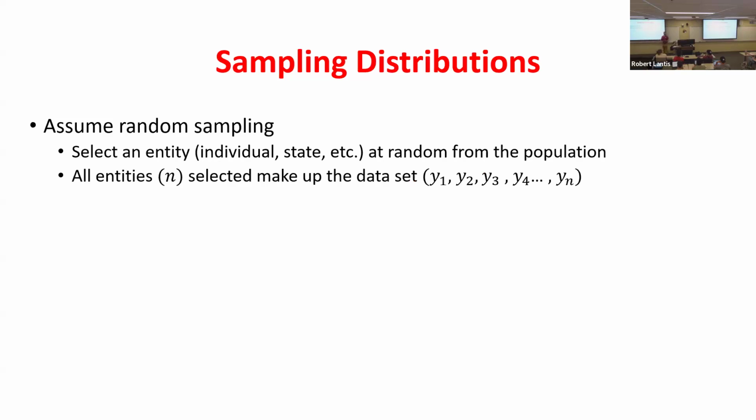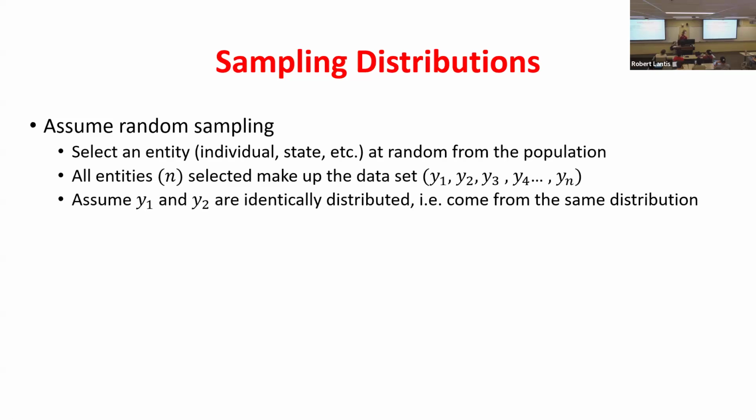And instead of uppercase Y to represent the population variable, we're going to use lowercase y: here's the first observation, second observation for that variable, third, etc., all the way to the very last, y lowercase n, in our data set. So it's really just notation differences. It's basically the same thing we're doing for the population data set. It's just that our sample size, lowercase n, will be something smaller than the total population size.